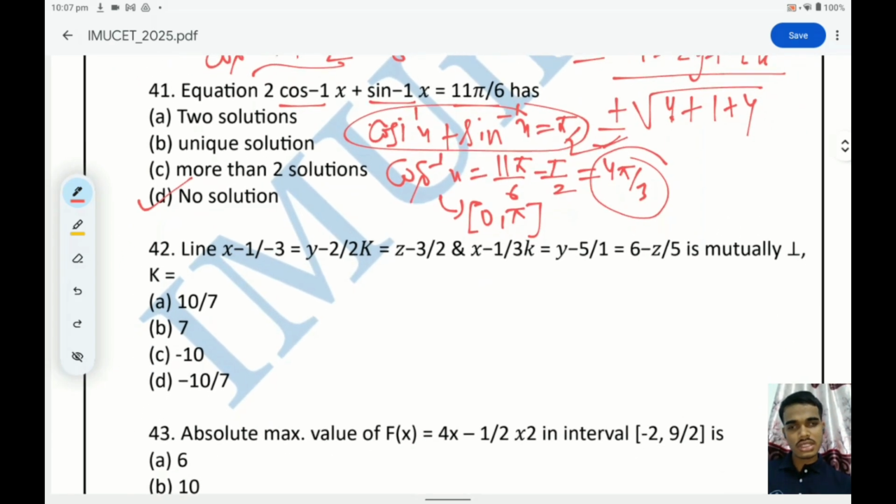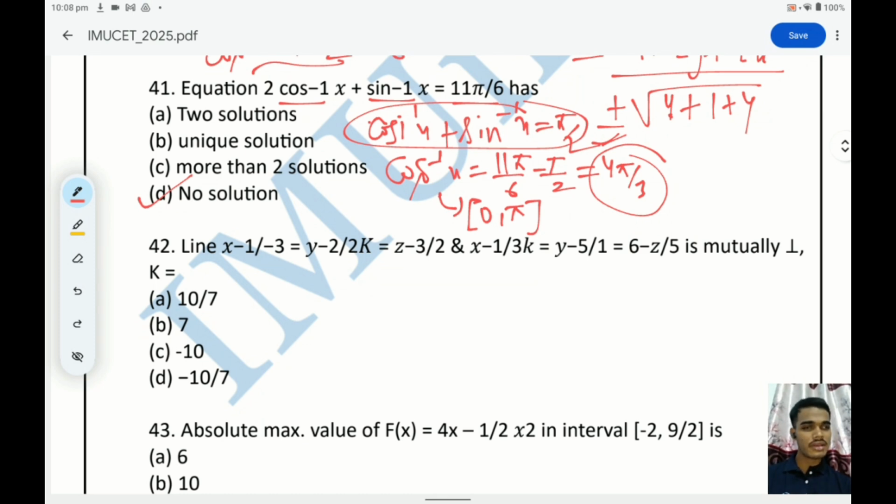This is the equation of a line, and it is given that they are mutually perpendicular. Okay, and we have to find the value of k. Mutually perpendicular means its coefficients, its vectors, a1 a2 plus b1 b2 plus c1 c2 is equal to 0, because this is the condition for perpendicular.